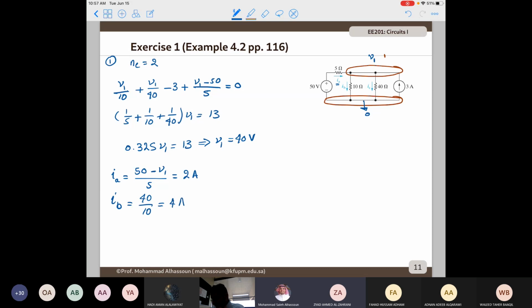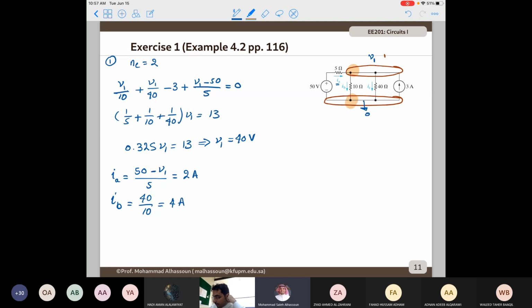Shabab, the assumption that the current is leaving the node has nothing to do with the voltage that we found. So what we found here is that the potential is 40. At this point, the difference between this point and that point is 40 volts.